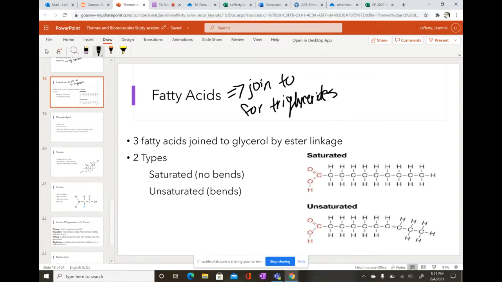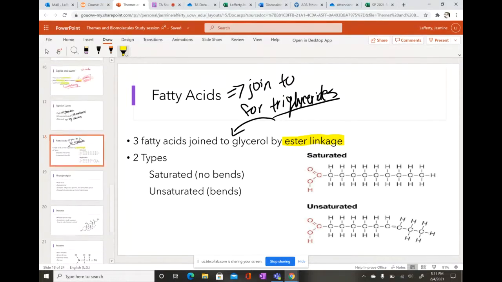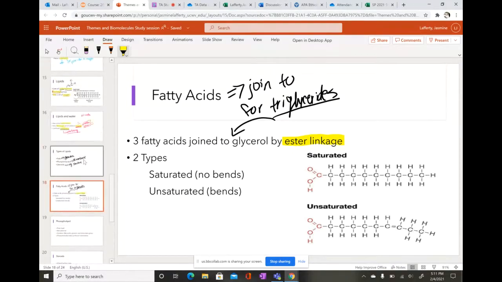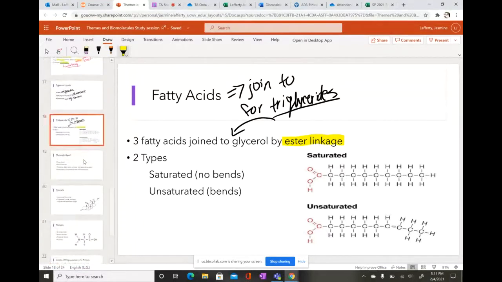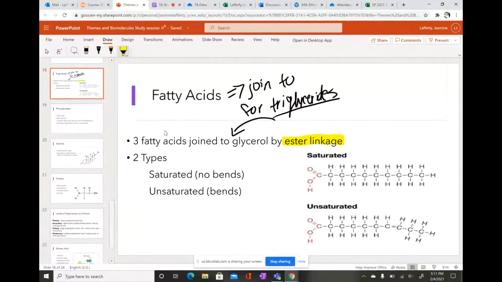So a triglyceride is 3 fatty acids joined together by ester linkage. So we need to make sure we know the bonds that hold each type of molecule together. For lipids, most of the time it's going to be ester linkage. For carbs, it's covalent bonding. And then I'll get down to proteins.